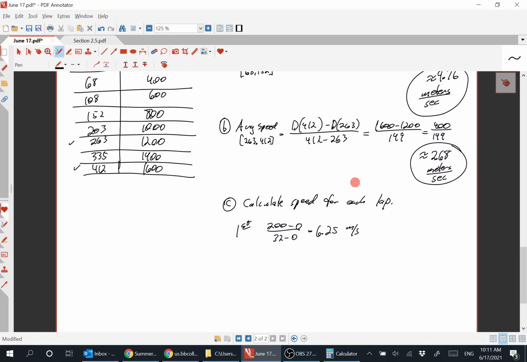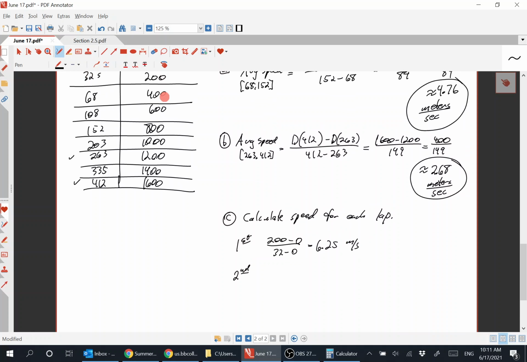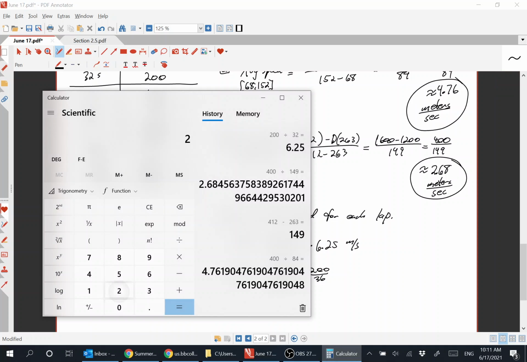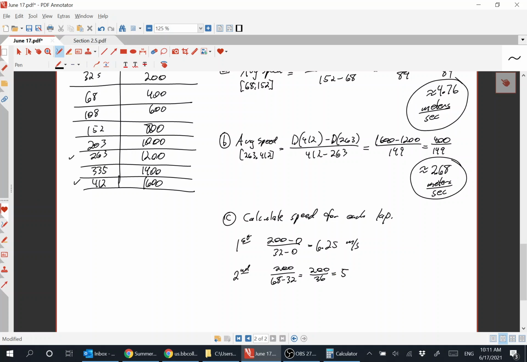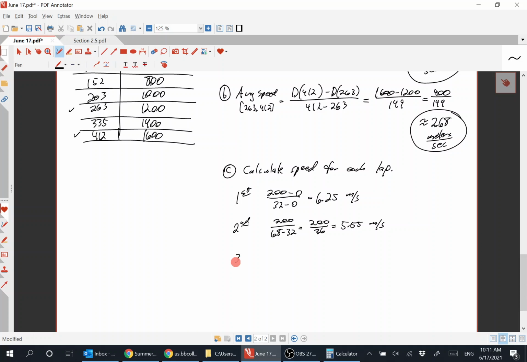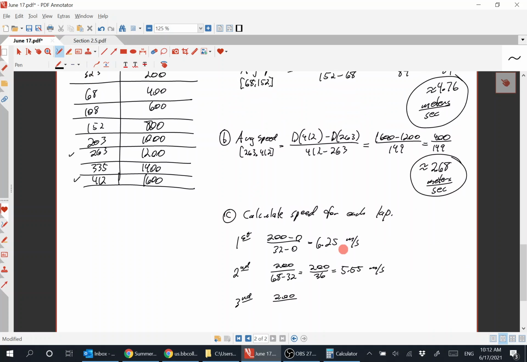So 6.25 meters per second. Second lap: each lap is 200, of course. 200 over 68 minus 32, so 200 over 36, which is 5.55 meters per second. Third lap, again he's gone 200 meters.